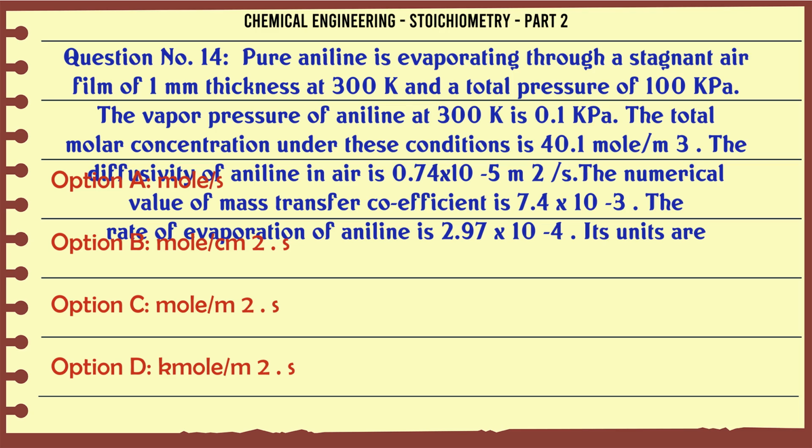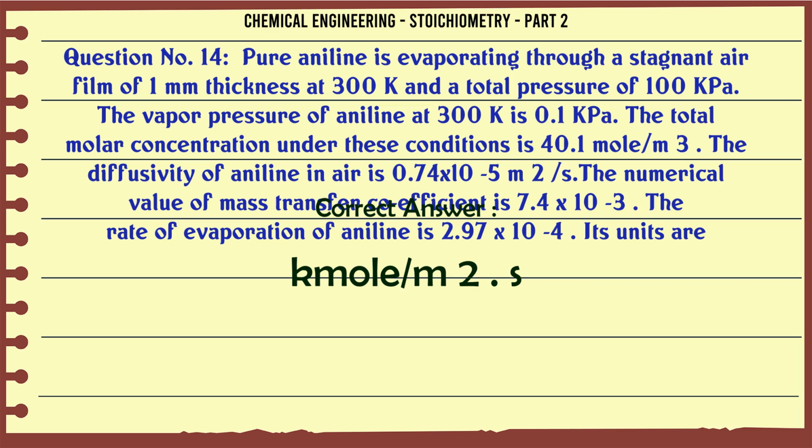The numerical value of mass transfer coefficient is 7.4 x 10^-3. The rate of evaporation of aniline is 2.97 x 10^-4. Its units are A mol/s, B mol/cm²·s, C mol/m²·s, D mol/m²·s. The correct answer is mol/m²·s.